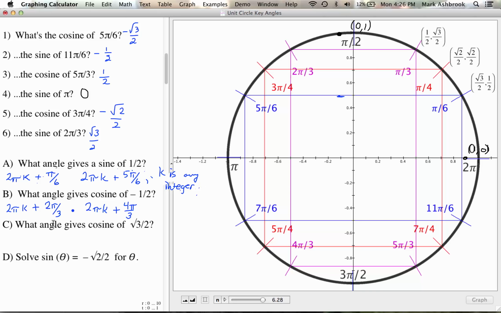So for k, for any integer, we'll always get an angle that gives us a point right here on the circle with a cosine of negative 1/2. Similarly, this down here would always give us an angle that had a terminal point right there. And the cosine would be negative 1/2.